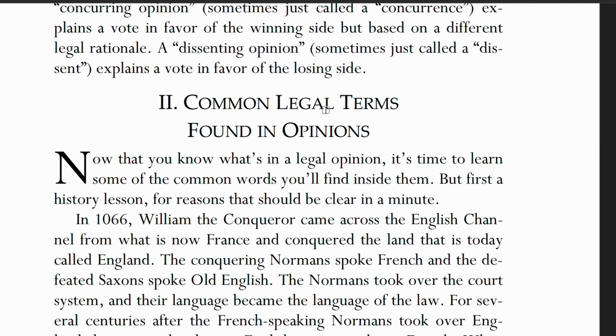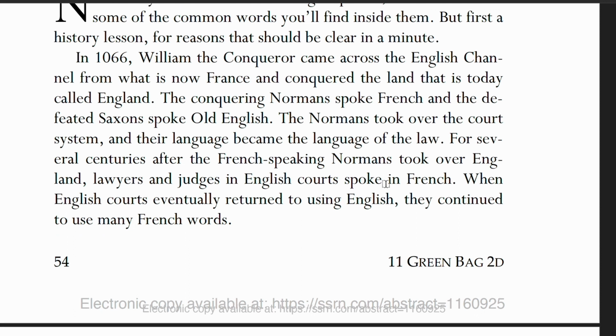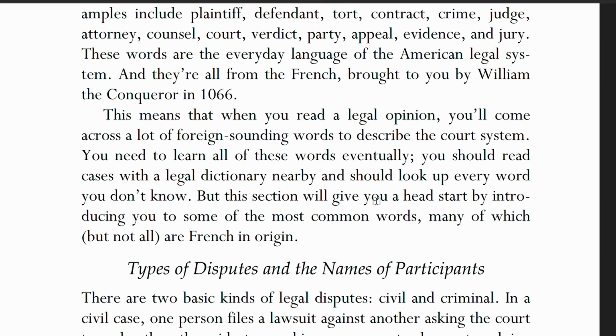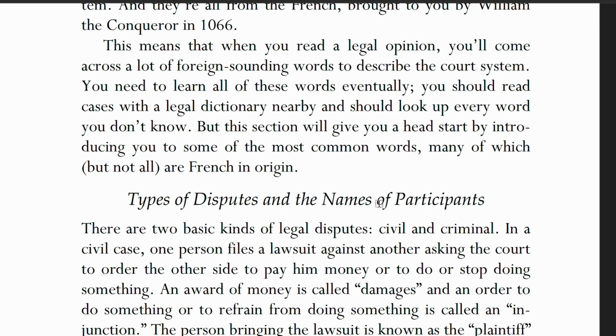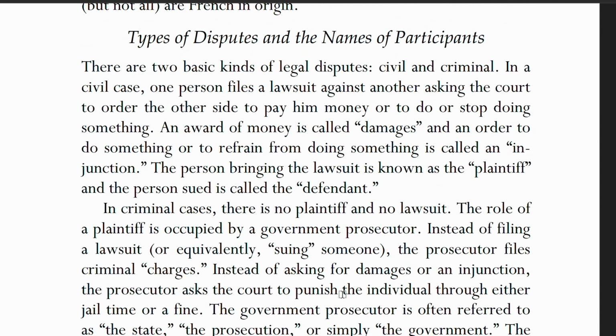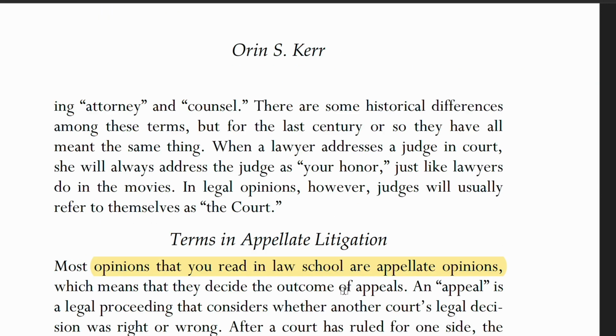And then it goes over common legal terms that are found. I skimmed through this one because it was relevant or obvious, like where the word plaintiff comes from and defendant. I didn't really find much importance in that section, so I moved on.